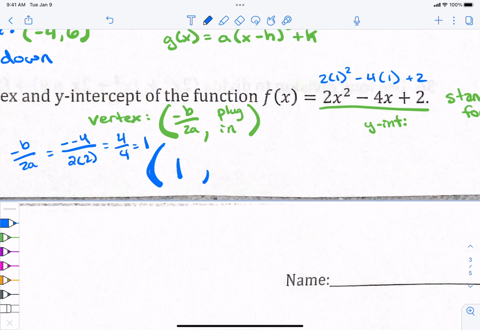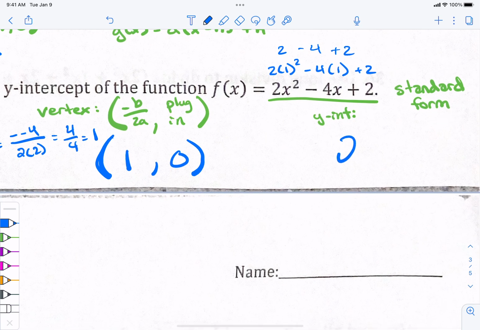Okay. 2 times 1 squared is 2. Minus 4 plus 2. Jayden says 0. Yeah? 1 comma 0. That's my vertex. Alright, what's the y-intercept? 2. From here, right? It's just this number. So in standard form, it's really nice to find the y-intercept. Okay, good?